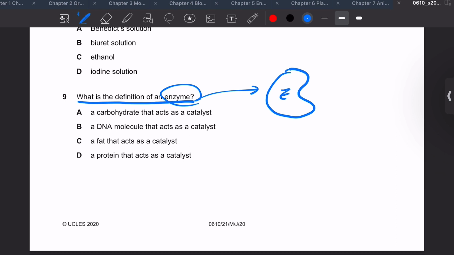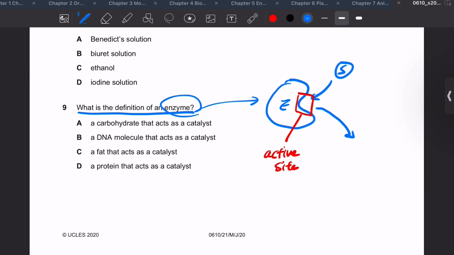And it binds with substrate, or the substrate binds to the enzyme's active site. This is called active site. And if the substrate fits into the active site, then the reaction will occur and it's going to produce products.